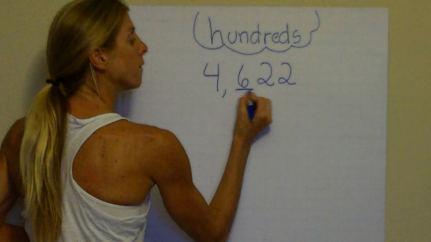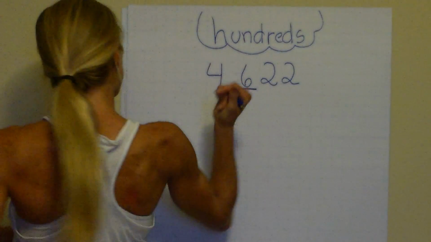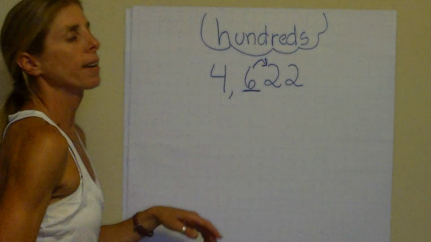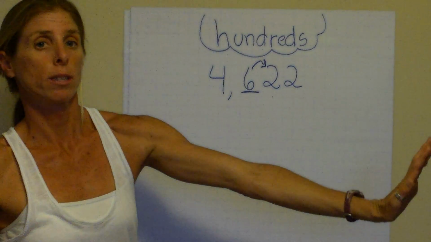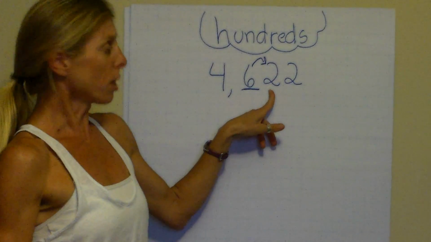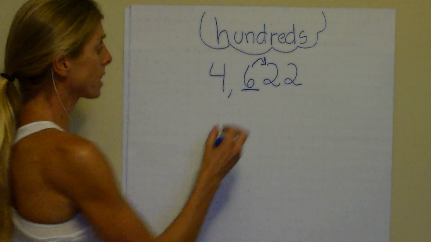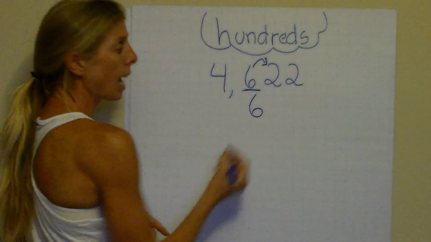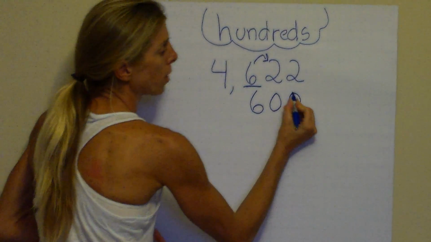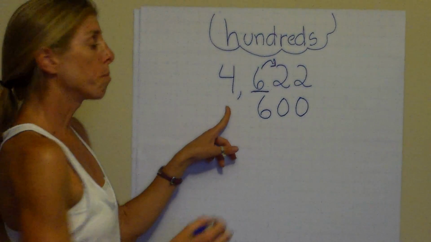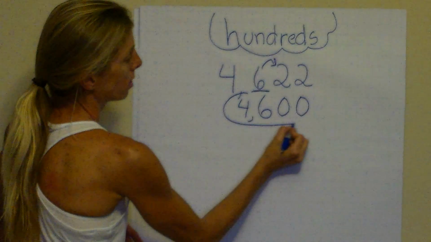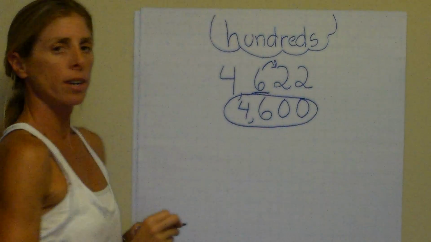And then I underline it. Then I look to the right. That tells me what to do. 5 or above, I give the underlined number a shove. 4 or below, leave it alone. So it looks like it's a 4 or below, so I'm going to leave that 6 alone. And everything after it is going to become a big, fat 0. But make sure that you put that 4 in front. So your answer rounds down to 4,600.